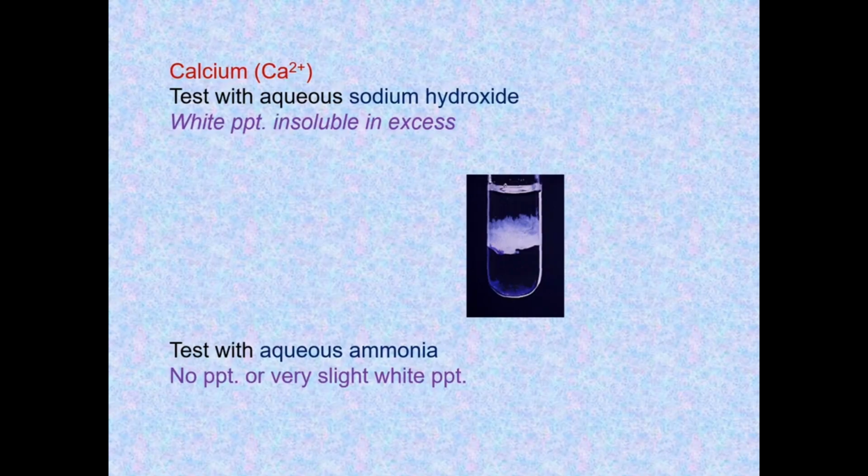You either use aqueous sodium hydroxide or aqueous ammonia. Usually both of them will form a white precipitate with calcium. Sodium hydroxide will form a white precipitate which remains insoluble even in excess sodium hydroxide. For aqueous ammonia, it says no precipitate, but usually there is still a very slight white precipitate.